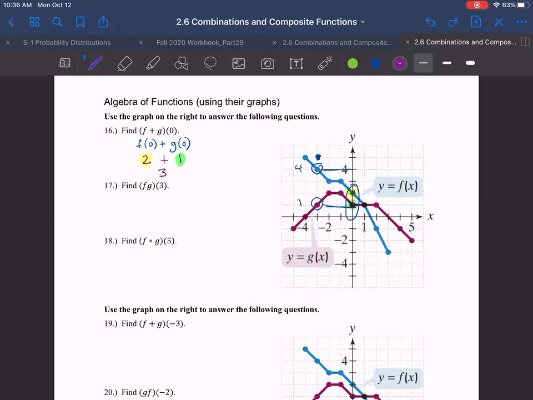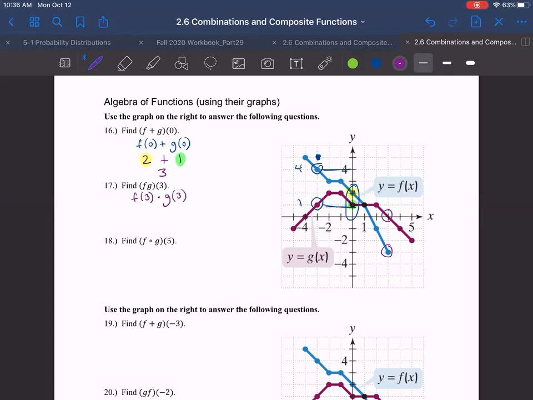For doing f times g of 3, we're going to do something similar where we're just going to go to the value of 3 and then just multiply the two results together, which are right there. So this essentially becomes f of 3 times g of 3, like that.